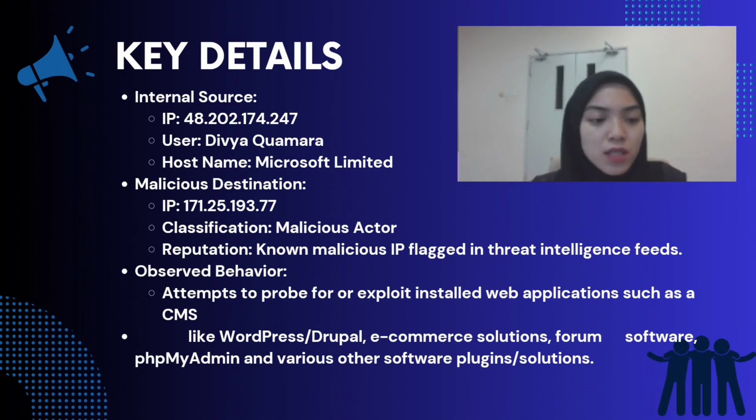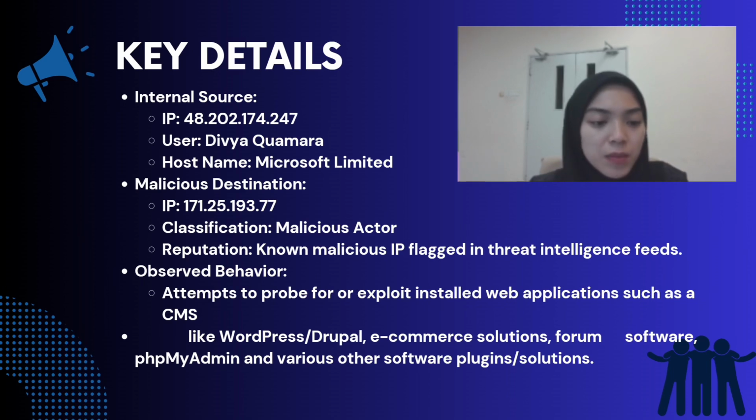The internet source identified was the IP address 48.202.174.247. As you can see here, this is the IP for the internet source, associated with user Divya Kwamara on a workstation belonging to Microsoft Limited. As for the malicious destination, this is the IP address classified as a malicious actor, and its reputation shows a known malicious IP flag in the threat intelligence database.